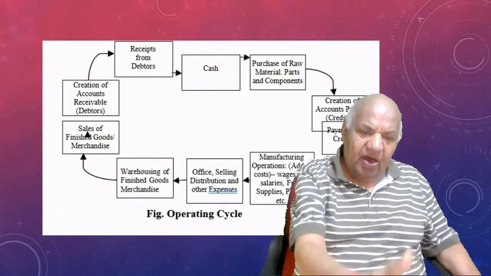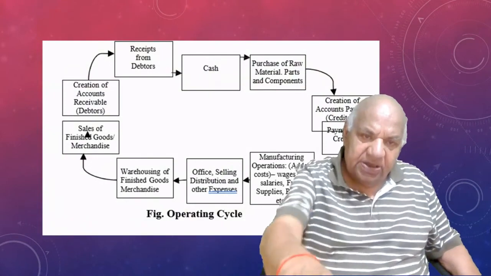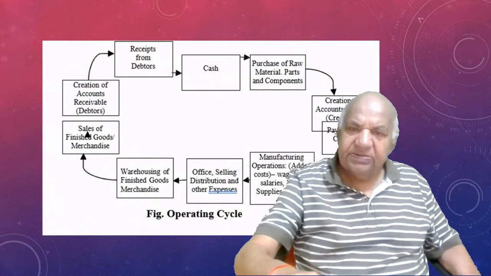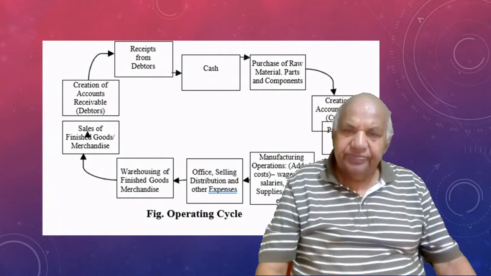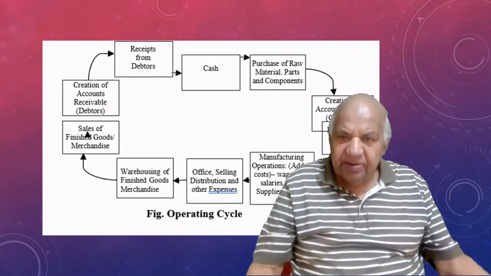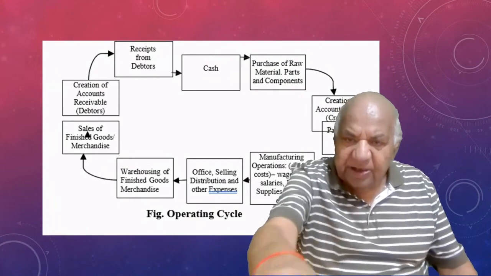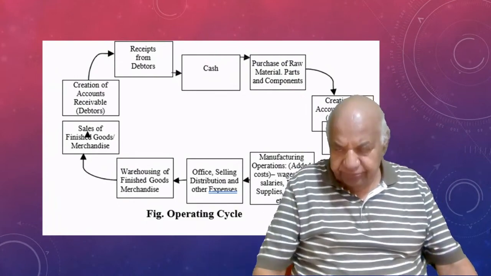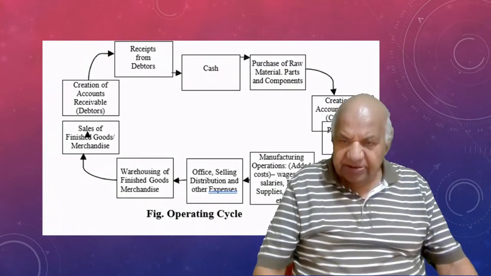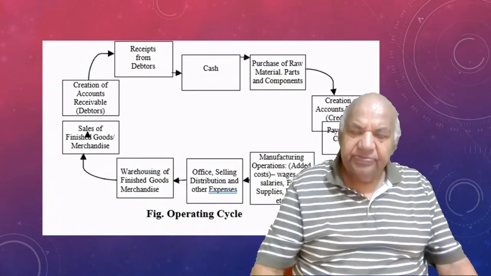Here, one figure of operating cycle. Starting from cash, purchase of raw materials, parts and components, production. When purchase is there, creation of accounts payable or creditors, payment to creditors.